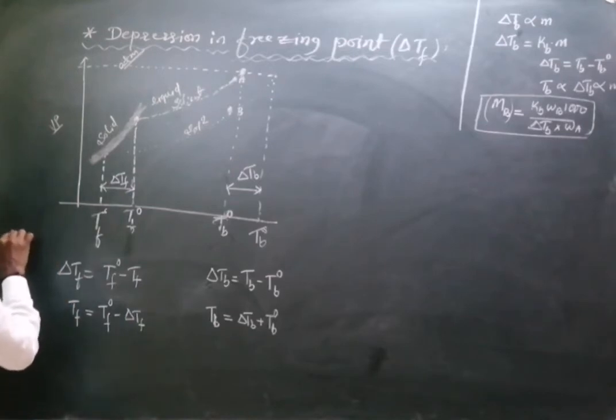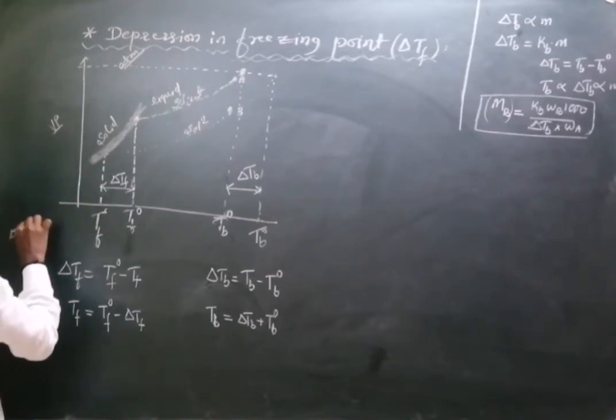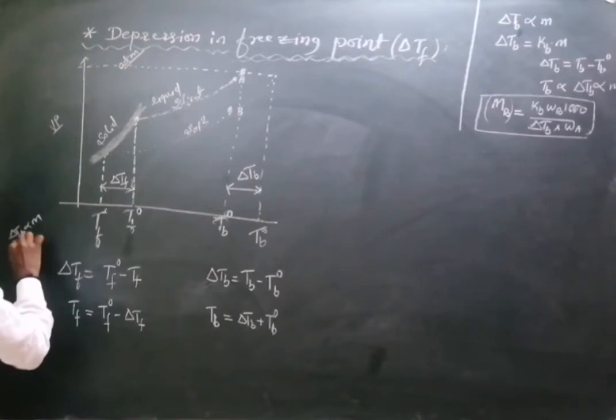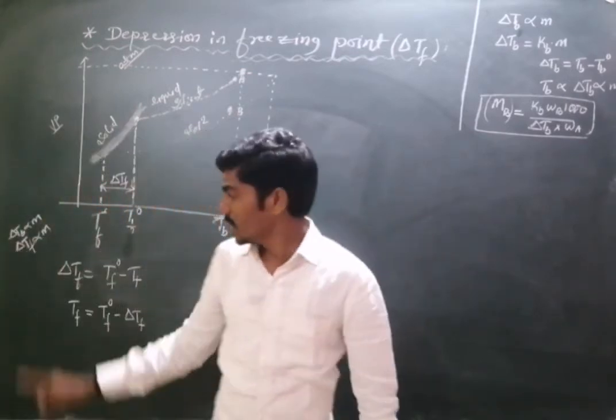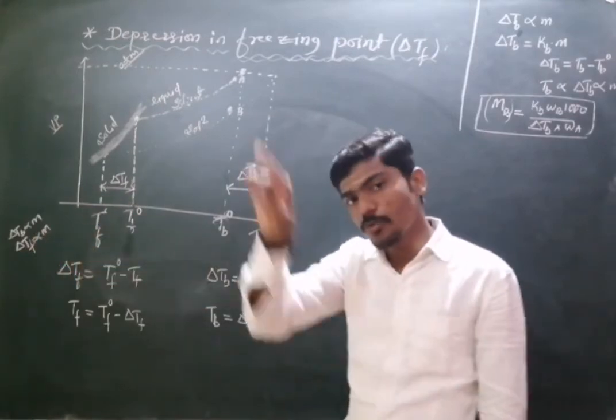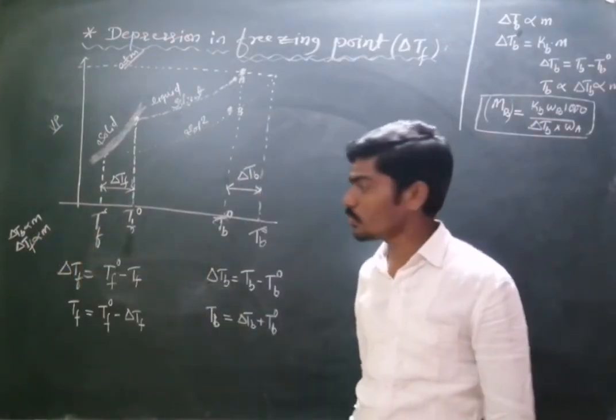Since we know that delta TB is proportional to m, similarly delta TF is also proportional to m. Delta TB and delta TF both are directly related to m, that is molality.